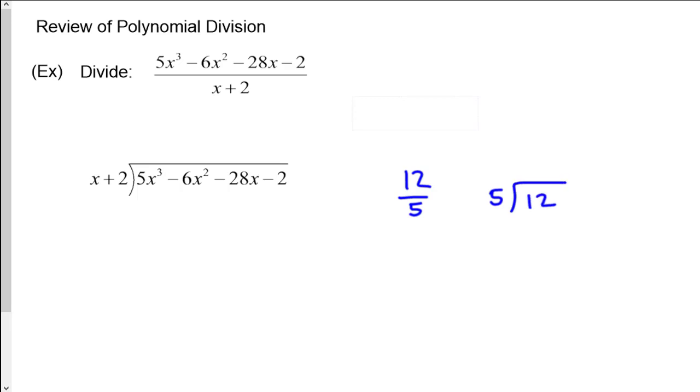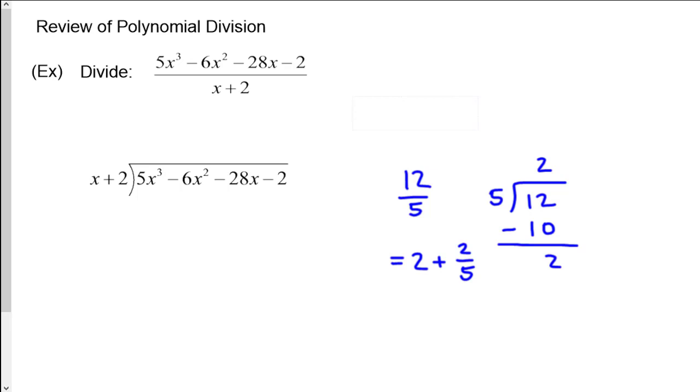How many times does 5 go into 12? It goes 2 times. Multiply the 5 and the 2 to get 10. Then at this next stage, you subtract, and now you have a remainder of 2. So you say that 12 fifths is equivalent to 2 plus 2 fifths. So that's your process of division there.